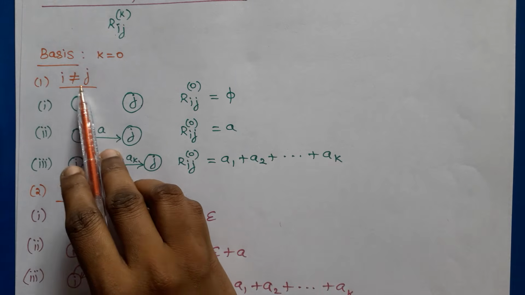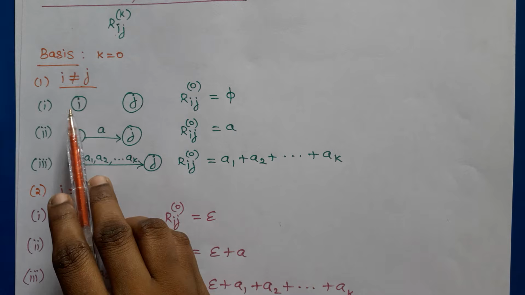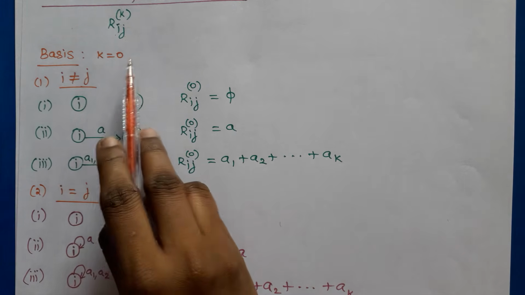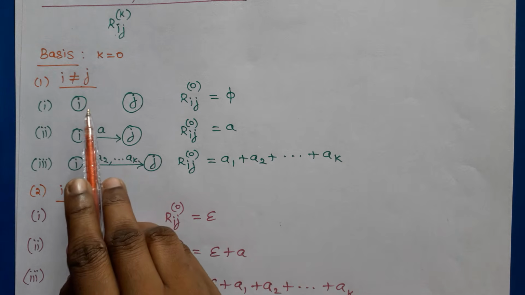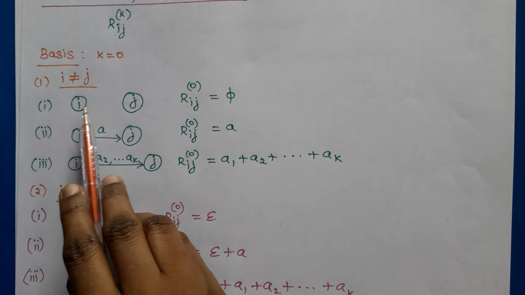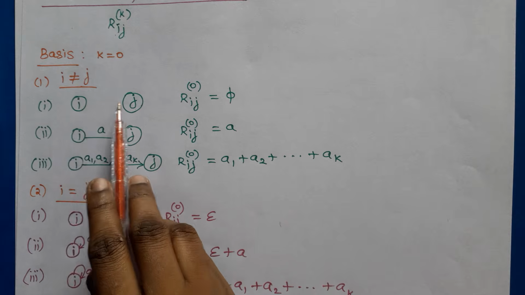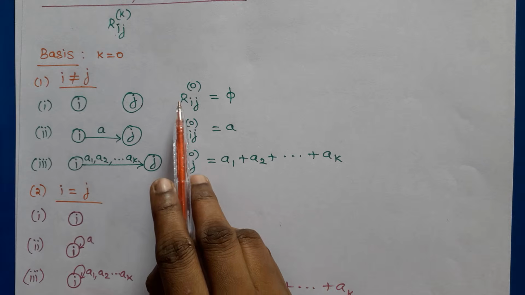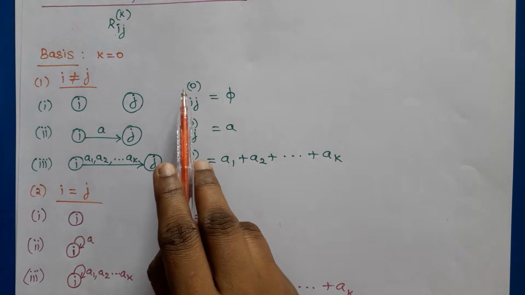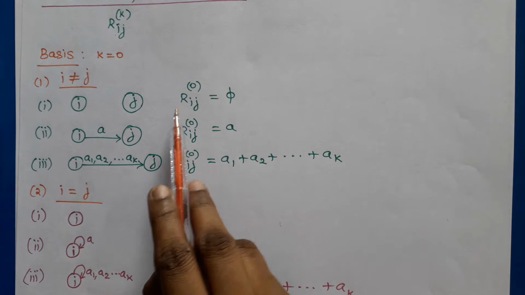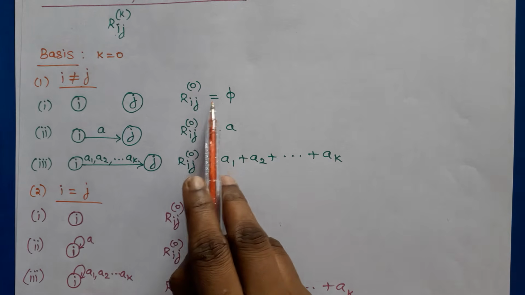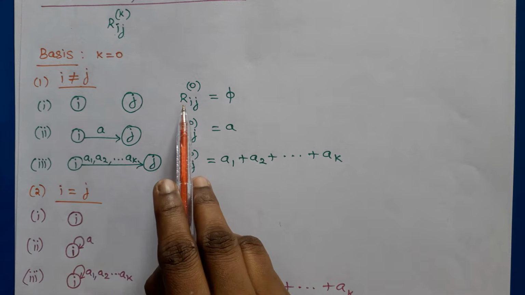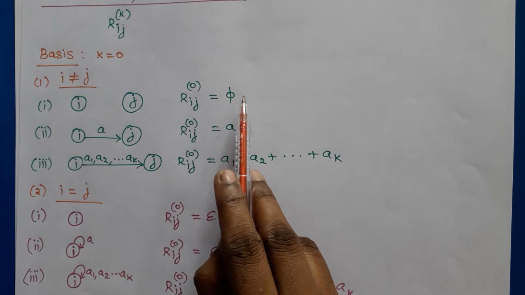First, the i not equal to j case. There are two different states and k equals 0, so there is no intermediate state. In this condition, if there is no transition from state i to state j, then the regular expression R_ij^0 is φ.